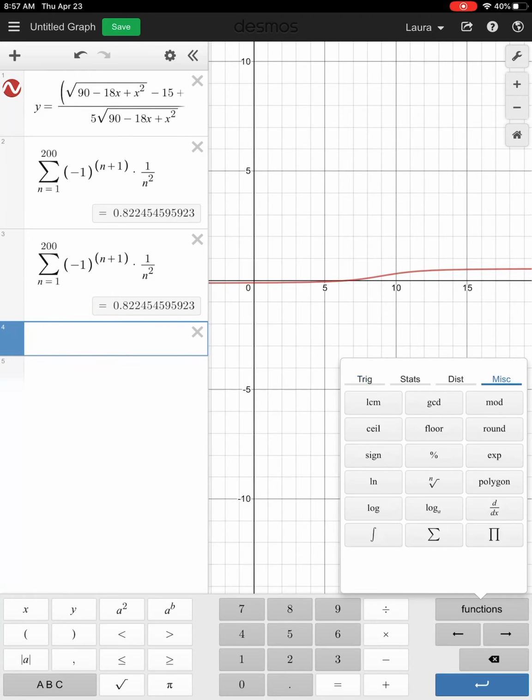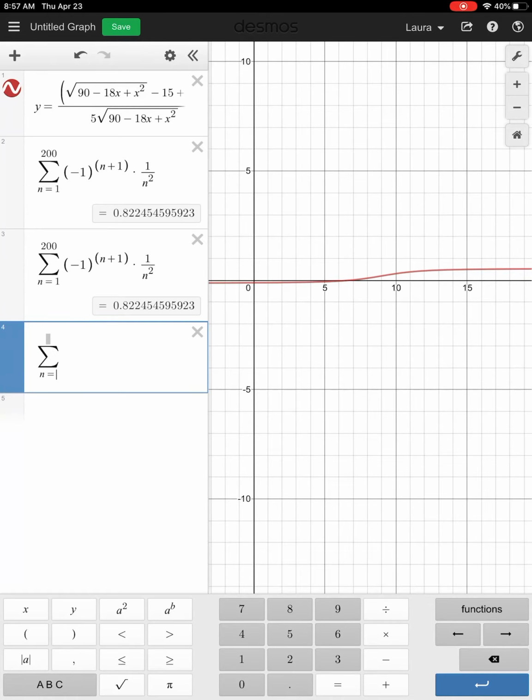Now, I'm going to go to the Desmos calculator on your Chromebook, and you can see how to put in your summation. I did a couple for the Calc BC that are in there, but on Desmos, you're going to hit function, and normally it comes up as trig right here, and you want to go to miscellaneous, and then look down here, there's summation.